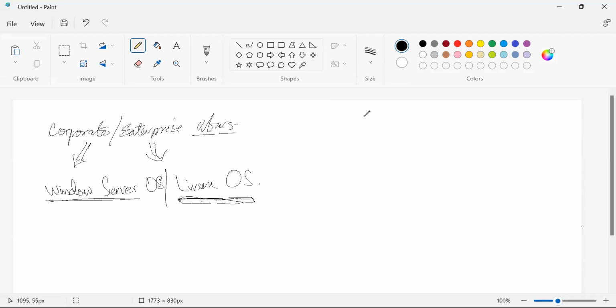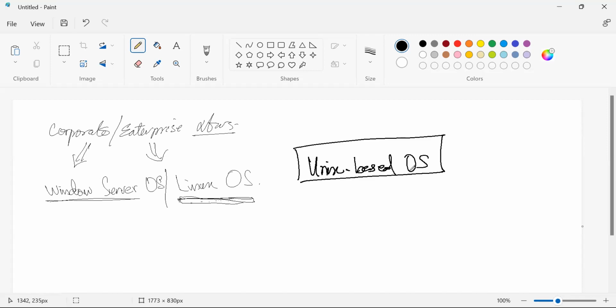So it's kind of advanced, but let's quickly talk about that. The Unix-based operating system is the father, the mother operating system of Linux. It is from this Unix-based operating system that we now have HP Unix, Solaris Unix. They just have varieties based on Unix.